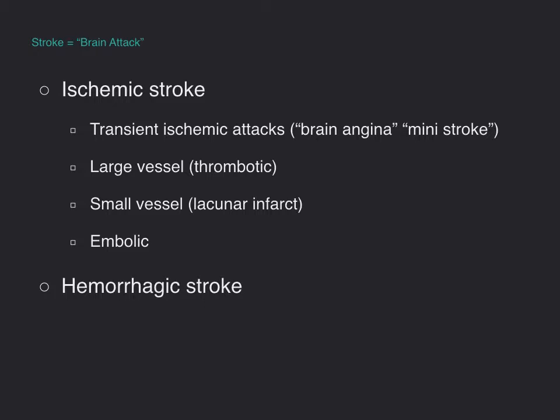A cerebral hemorrhage occurs suddenly, usually when the person is active. So think about the fact that ischemic strokes tend to happen when people aren't active. That doesn't mean they can't happen when they are active, but they tend to happen when people are just sitting in a chair, sleeping, something like that, whereas hemorrhagic strokes happen when people are being active.